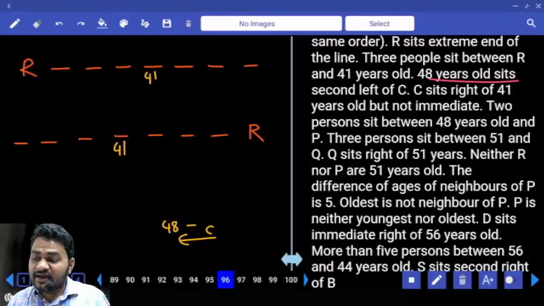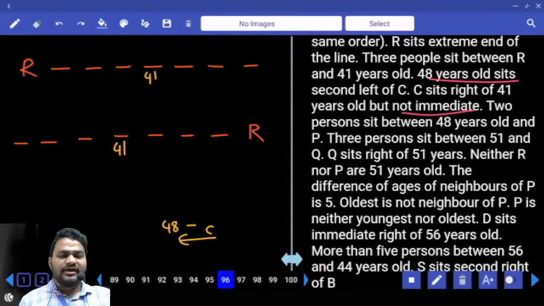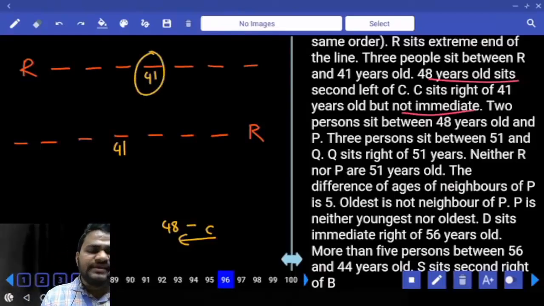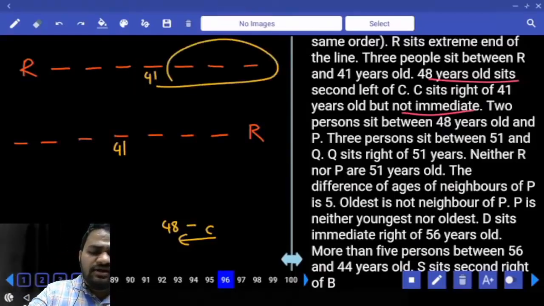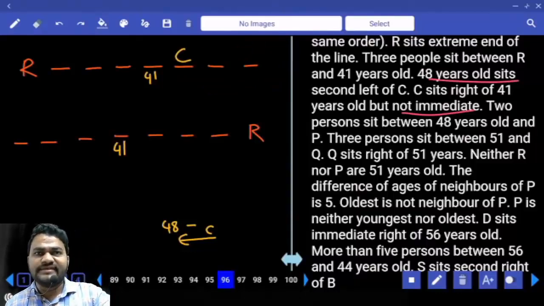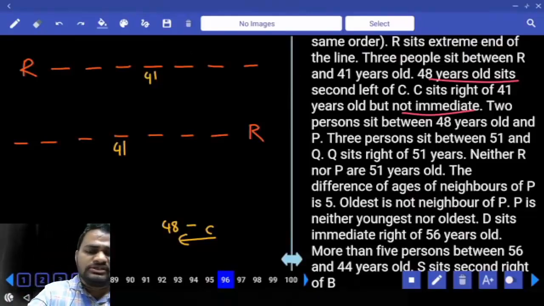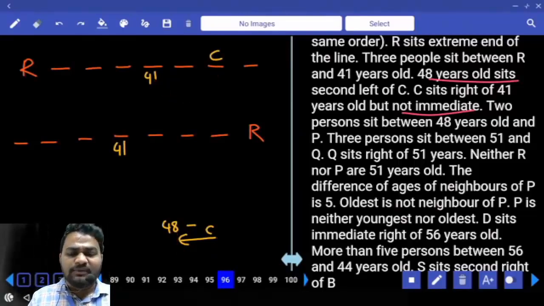C sits right of 41, but not immediate. So when 41 is here, right of 41 we have 3 places. Shall I place C here? No, because C is right of 41, but not immediate right. So C cannot be possible there. If C is here, C's second left is 48, but that is not possible.